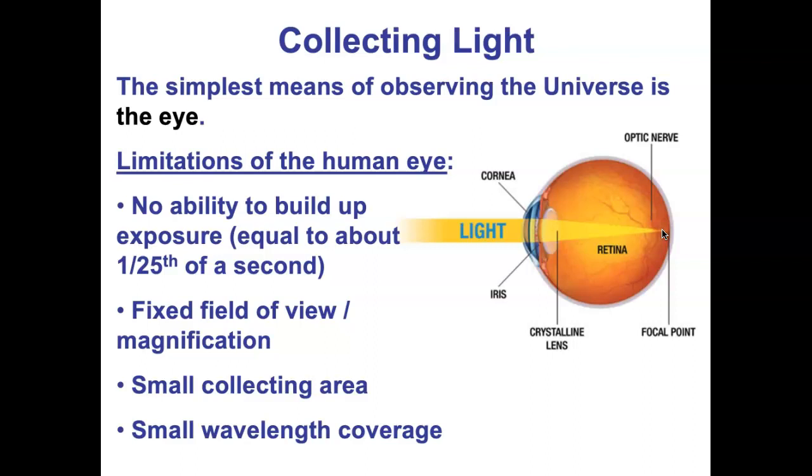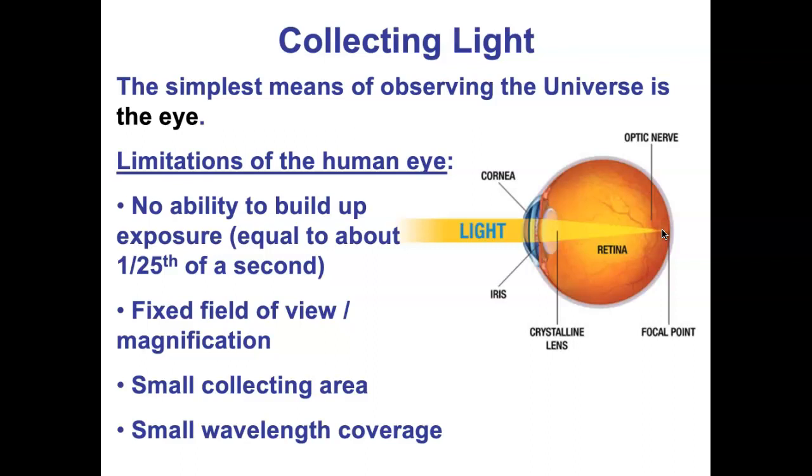And so if we wanted to see the ultraviolet light or the infrared light or the radio waves given off by some object in the universe, we would need to design an instrument that is sensitive to those wavelengths. We would need to design a telescope and a camera that does respond to infrared light or ultraviolet light, because our eyes don't do that.